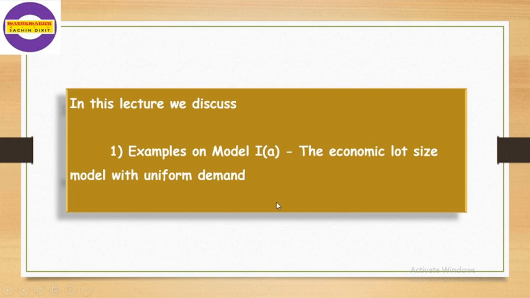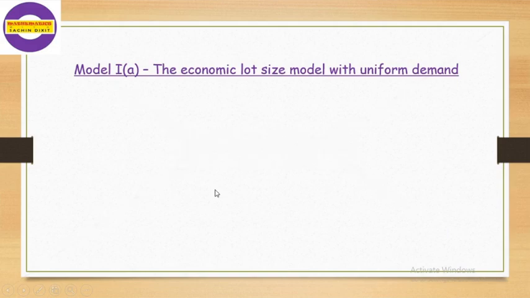In the previous lecture we discussed all the theoretical points corresponding to this model 1A. Before solving some examples, we take a look at the formulas corresponding to this model.